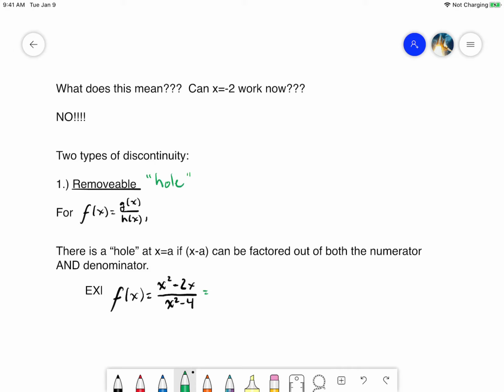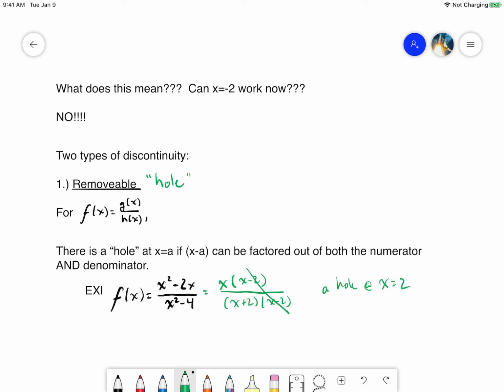Right, if I factor the top and bottom, I get x times (x minus 2) over (x plus 2) times (x minus 2). Okay, so if I factor, what we notice is that if I factor this out, that means that we have a hole at x equals 2.